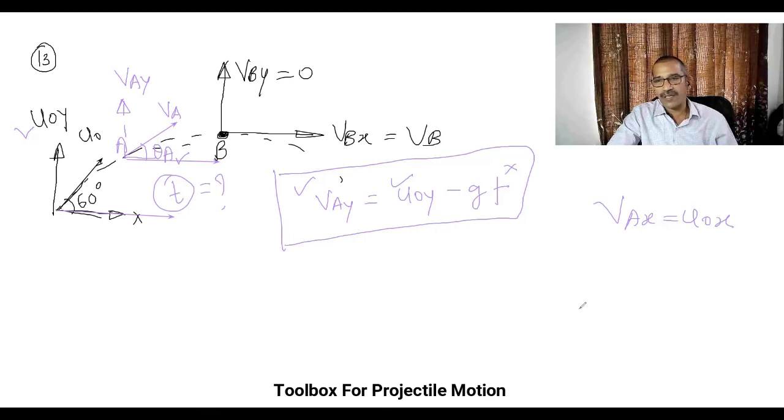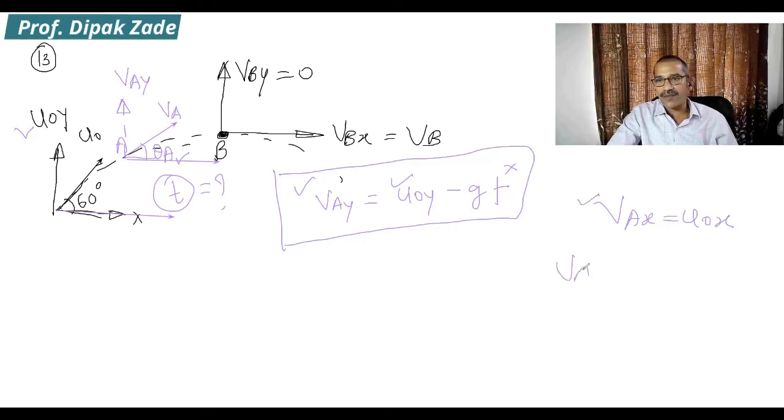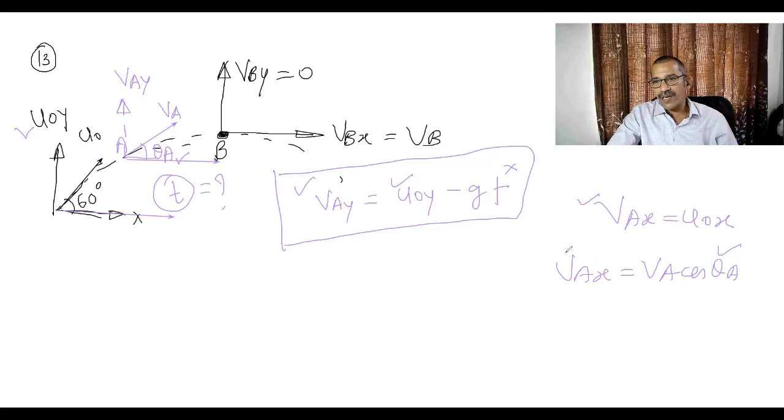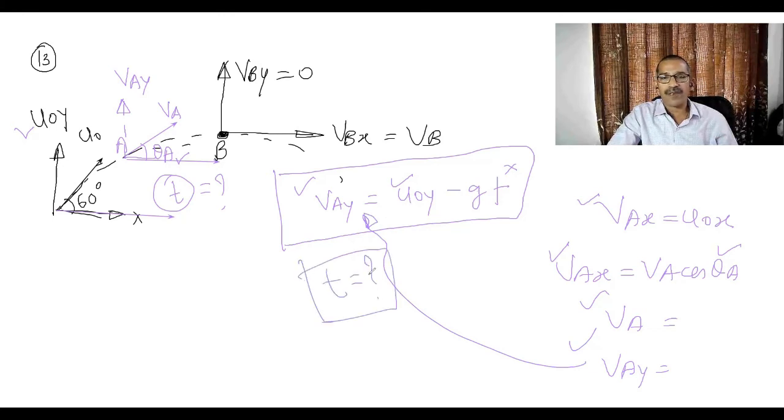If u0 and theta 0 are known, you know Vax. And Vax is Va cos theta a. Theta a is known and Vax is known, so what will we find out? Va. Once Va is known, we get Vay. Substitute Vay here. And u0y is known. What will we find out? Time t. Easily you can find this.